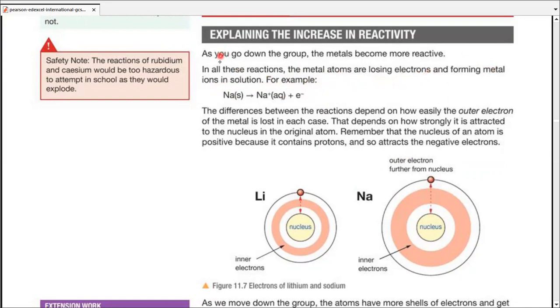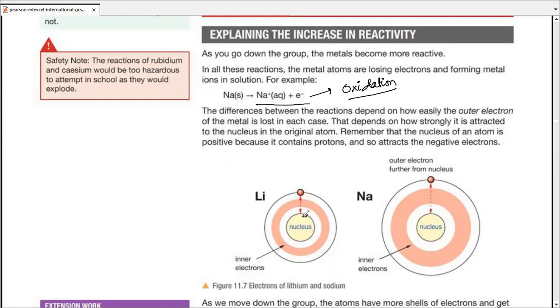Connecting it to the previous topics, this is an oxidation reaction, as oxidation is loss of electrons. So that happens to most of the reactive metals. The difference between reactions depends upon how easily the outer electron is lost in each case. Now, it depends upon how strongly it is attracted to the nucleus.